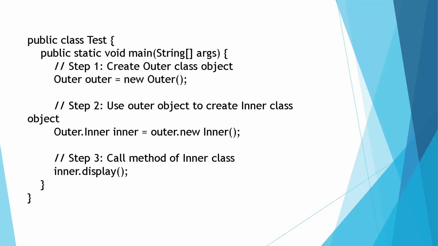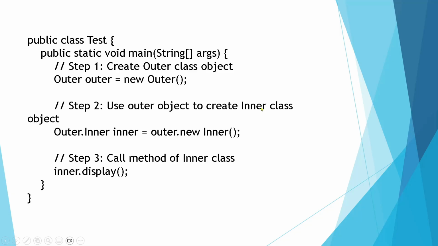It means that if you want to create the object of the inner class, you need to follow three steps. So first step is you need to create the object of the outer class. For that purpose, we have written the class name as Outer. After that, the object name is equal to new Outer. Second step is to create the object for the inner class.